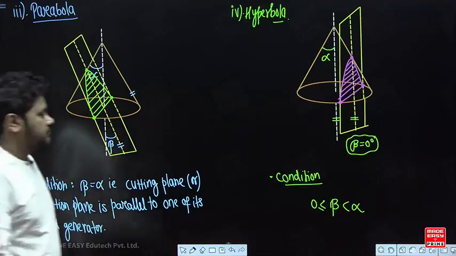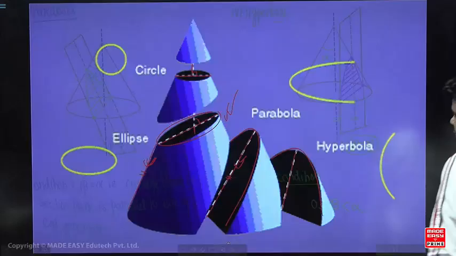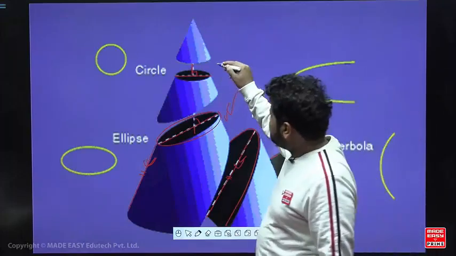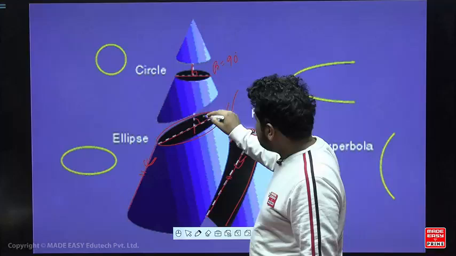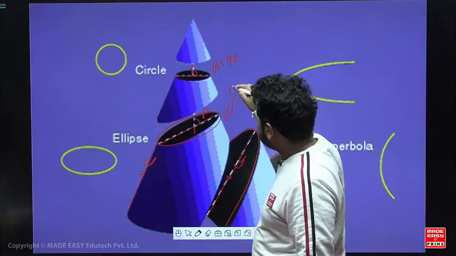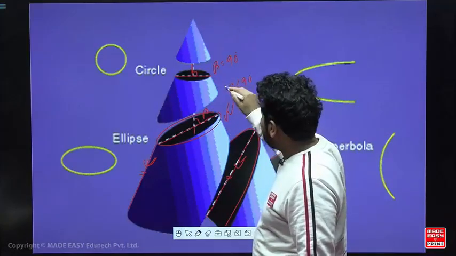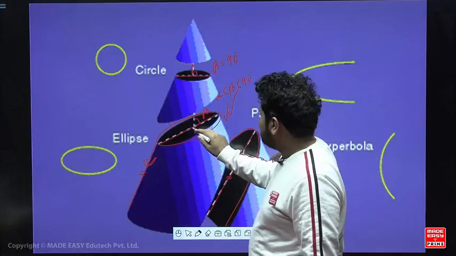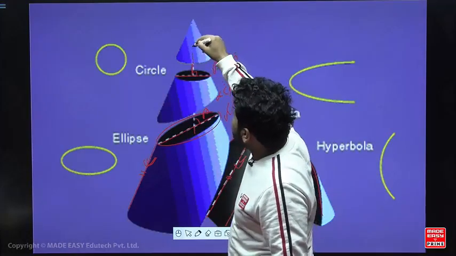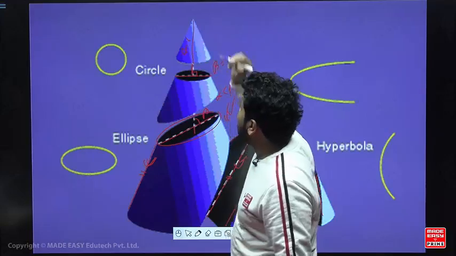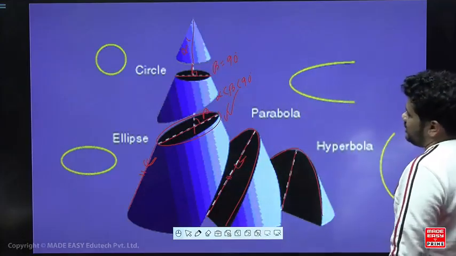Right. So what you can see over here is a circle. Here beta is 90 degree. Ellipse: beta is less than 90 degree but greater than alpha. Alpha is nothing but this angle. If this is the axis, then this angle is your alpha, isn't it?